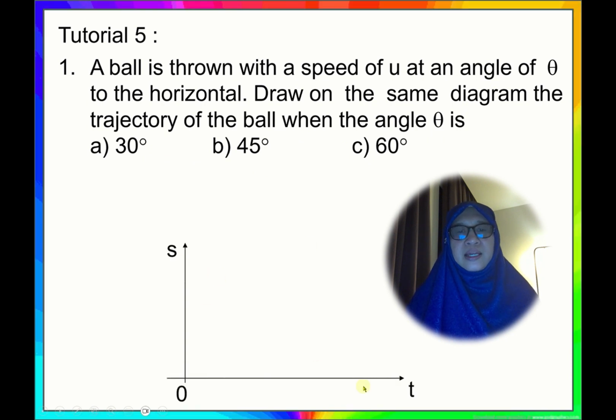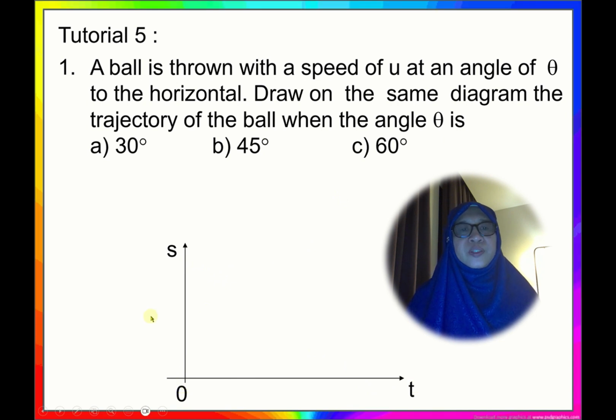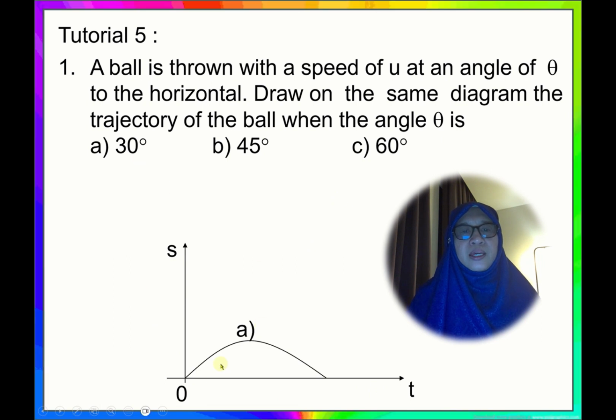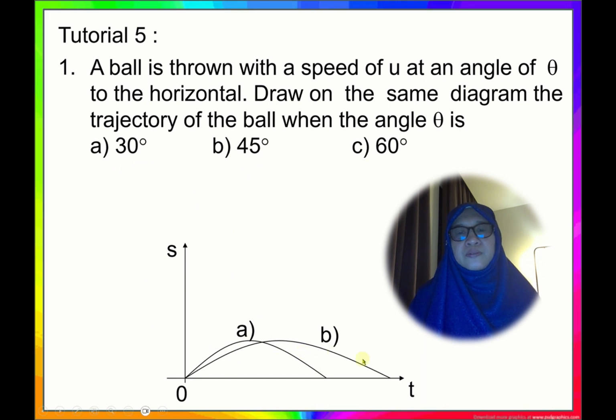Y-axis is s and x-axis is t. And don't forget to write the origin here as 0. Okay, so at 30 degrees, you label it with A. And for 45 degrees, the parabolic curve must be larger than the 30 degrees.